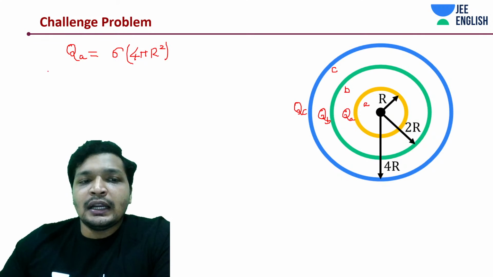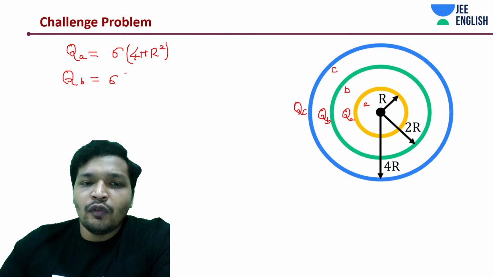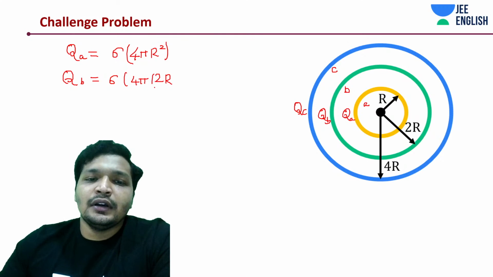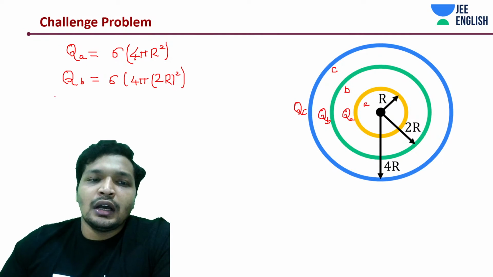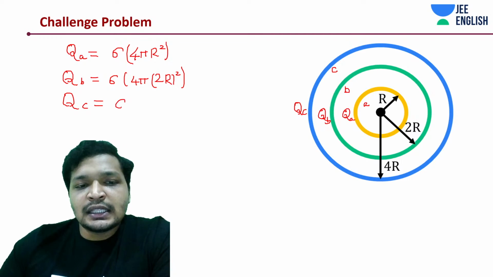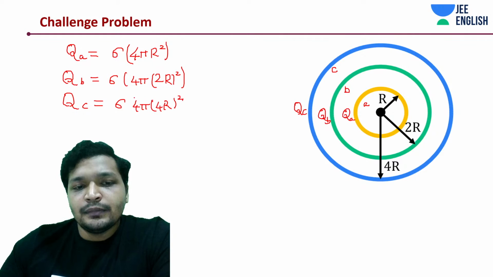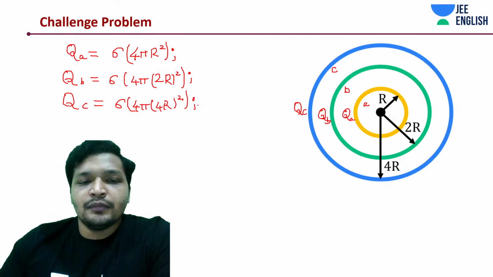And QB is going to be sigma into 4 pi (2r) square, isn't it? And QC is going to be sigma into 4 pi (4r) square. That is it.